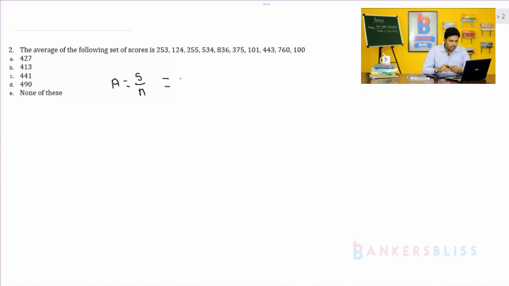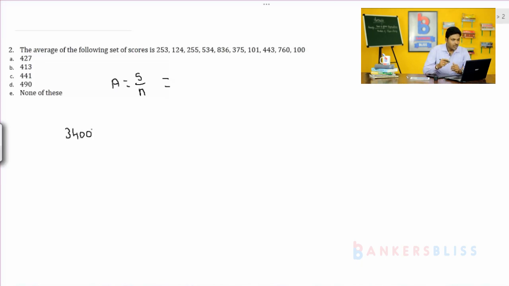So 200 plus 100, 300, 300 plus 200, 500, 500 plus 500, 1000, next 800, 1800, 1800 plus 300, 2100, plus 100, 2200 plus 400, 2600, 2600 plus 700, 3300 plus 100, 3400. So the answer is 3400.